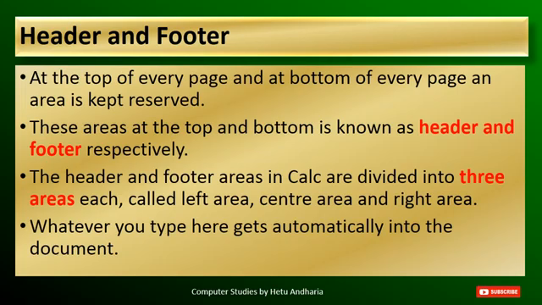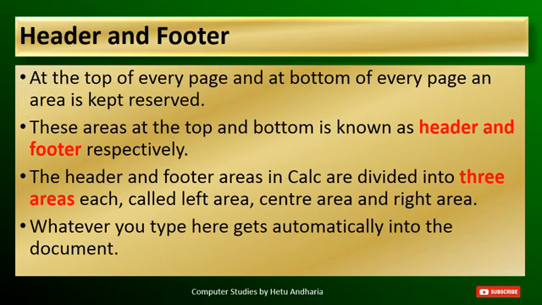Now the header and footer areas are divided in three areas called left area, center area and right area. Whatever you type in these areas will automatically get inserted into the document.